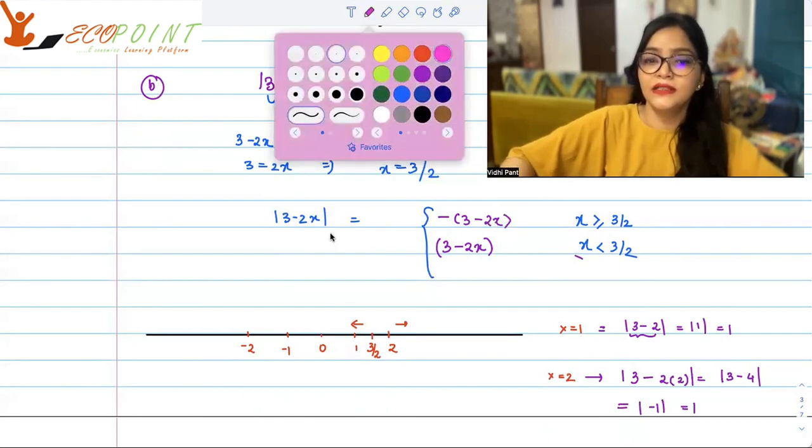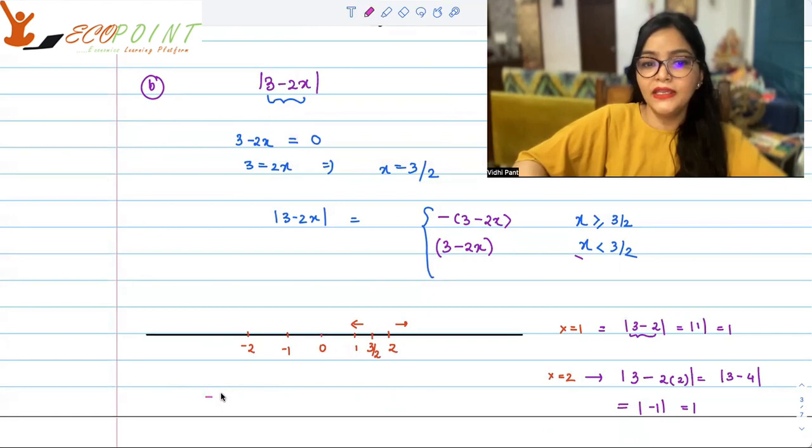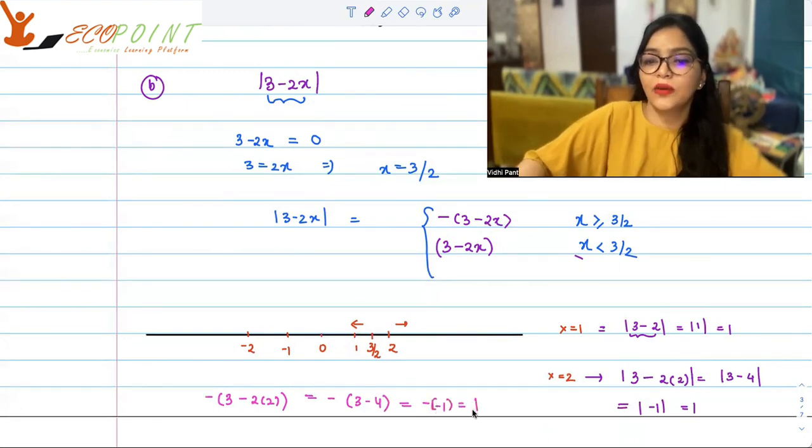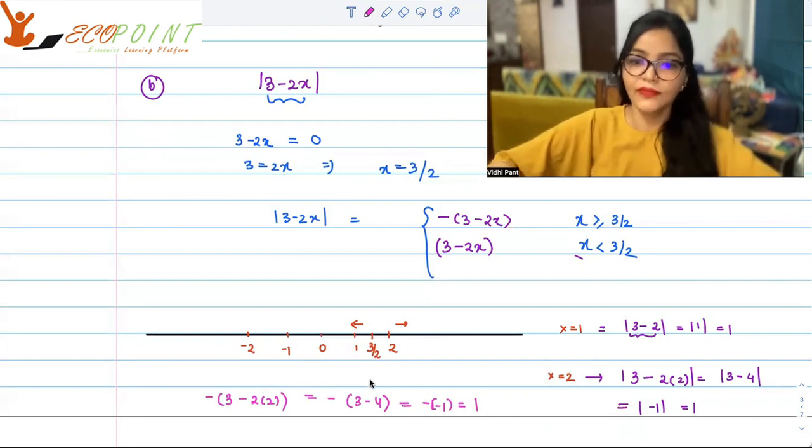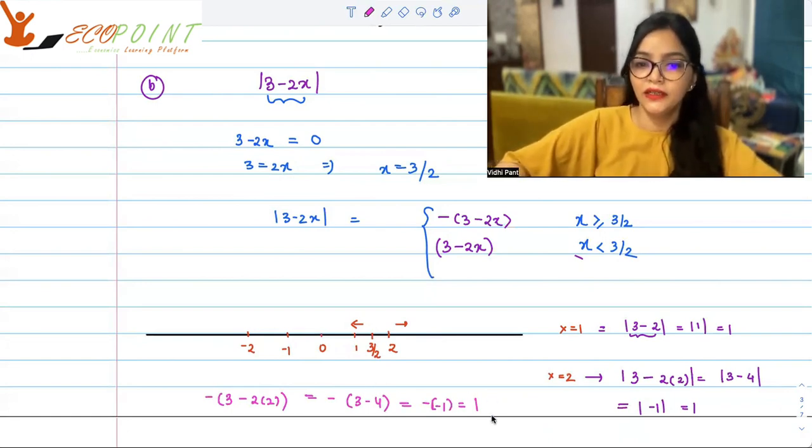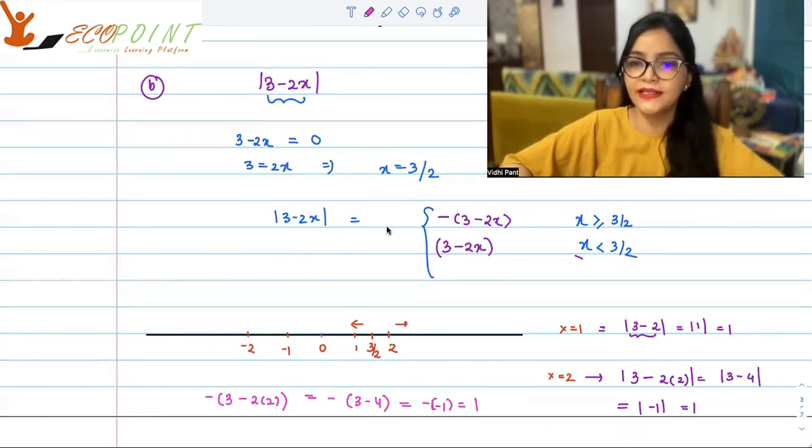Again, taking the same example, minus of 3 minus 2 into 2, that is minus of 3 minus 4 will give you minus of minus 1, and that's 1. So it's going to be minus of the expression that is inside. So you just have to be careful with what exactly is the expression in order to create your piecewise function out of it.